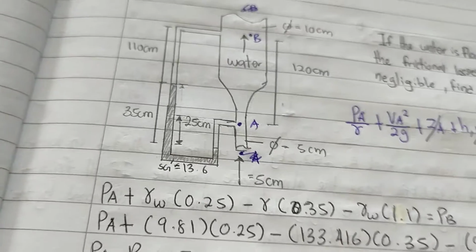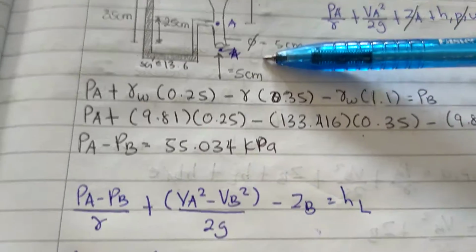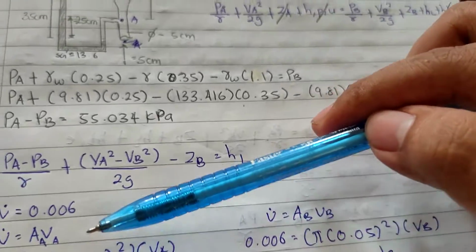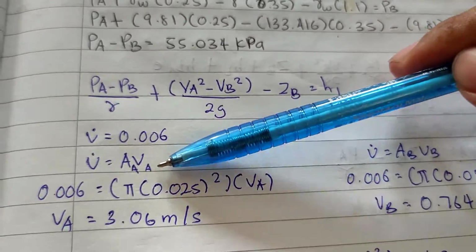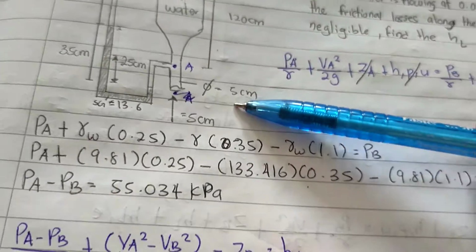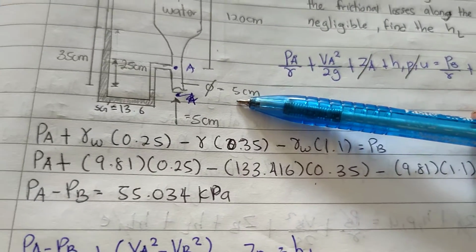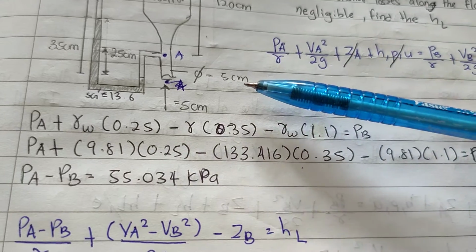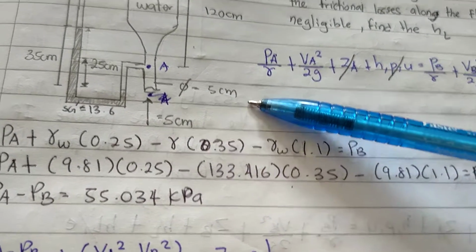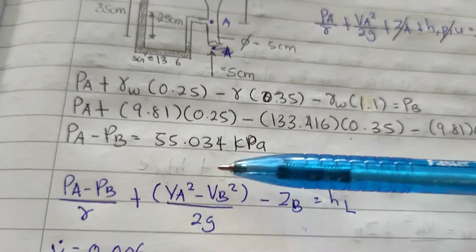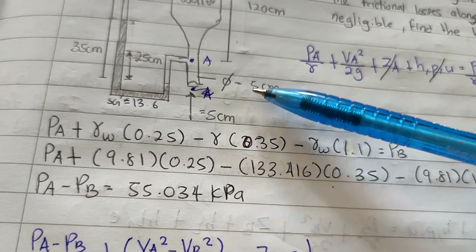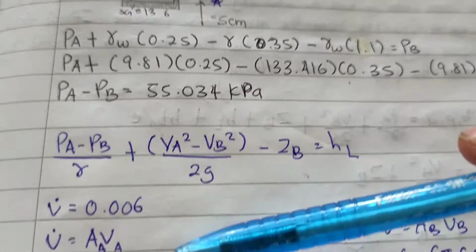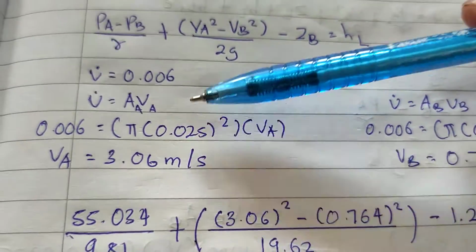Area is given. The diameter is 5 cm, but I use a formula. My formula is pi r square. So this 5 centimeter, you change into meter first, which you will get 0.05. Then divide by 2 to get the radius, which will become 0.025.